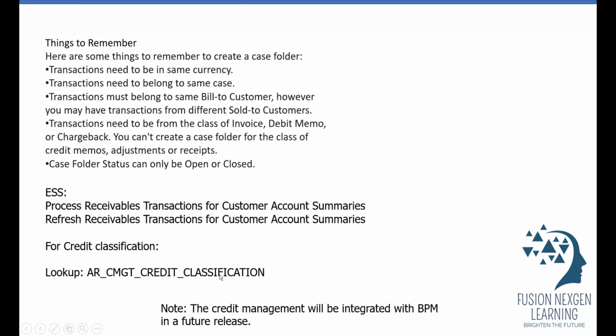So within that lookup type, you can customize and create your classification if you don't want to use a standard one. Then, as I mentioned, note credit management will be integrated with BPM in a future release. The BPM workflow is coming in the near future. So currently we don't have the BPM workflow.